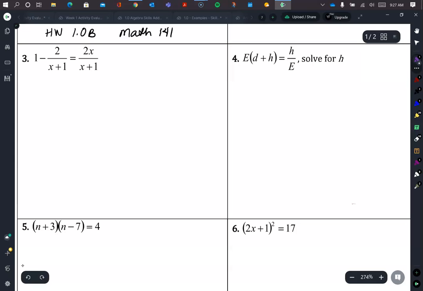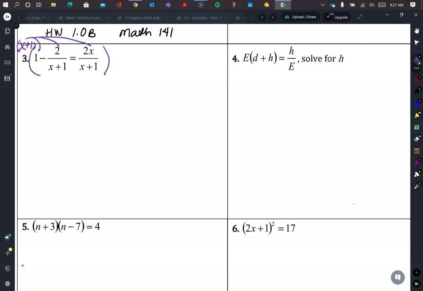In essence, what I'm doing is multiplying this entire equation by x plus 1, in parentheses if you want to put those in, and then distributing.